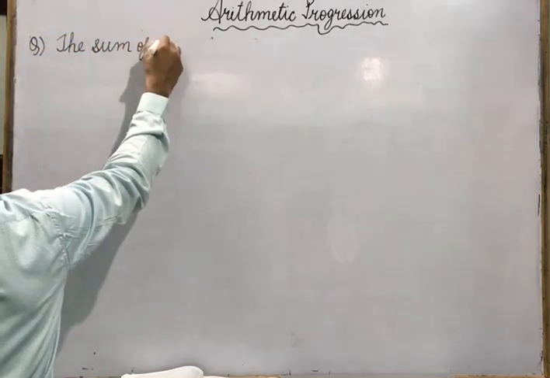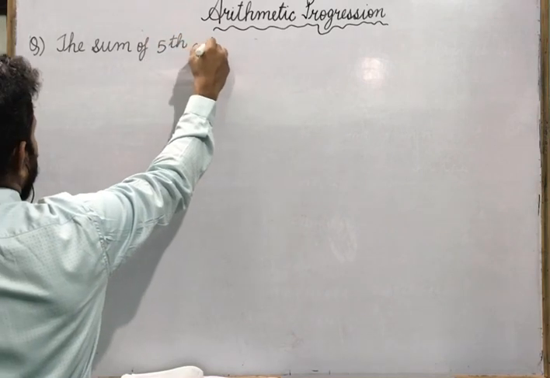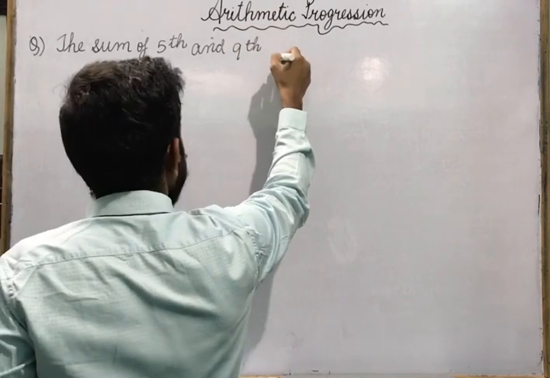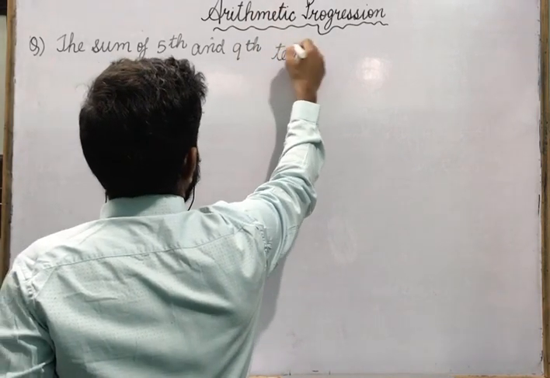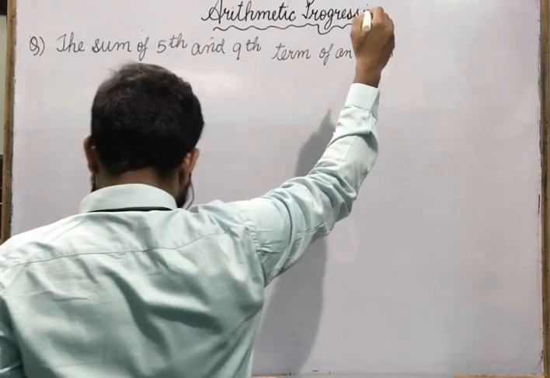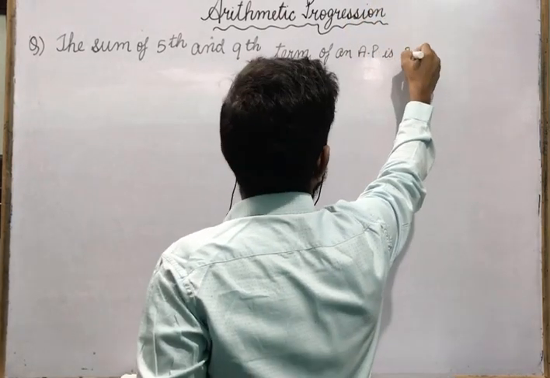The sum of the 5th and 9th term of an AP is 30.